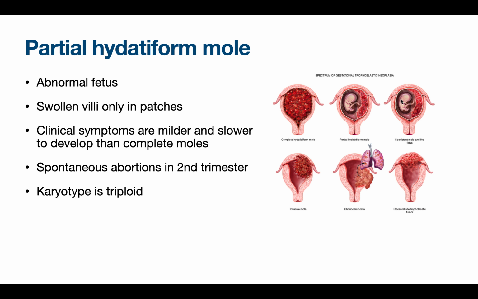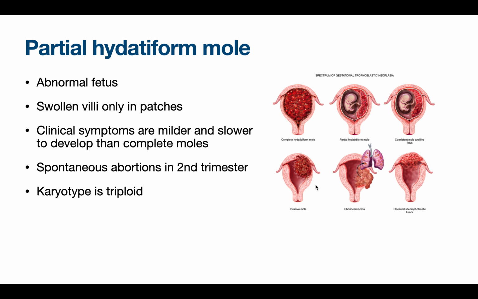Sometimes there's going to be a mole and a fetus. This can lead to a normal fetus if the moles are small, but if it's extensive and keeps growing, it can press upon the fetus and strangulate the umbilical cord, not allowing any nutrients to pass through.